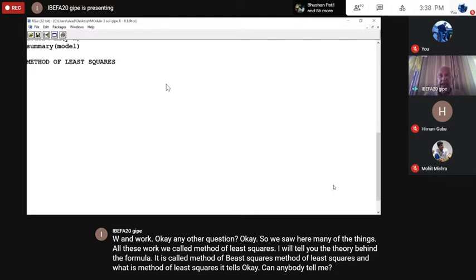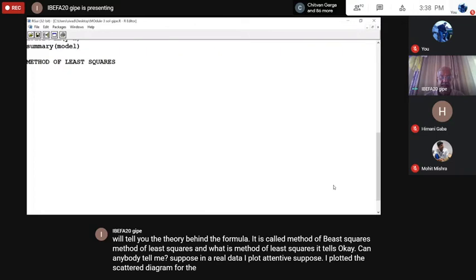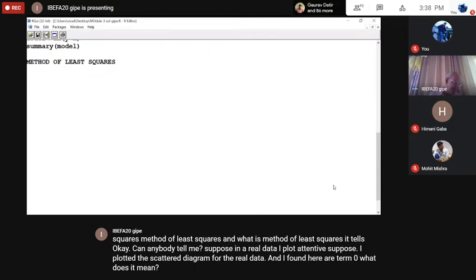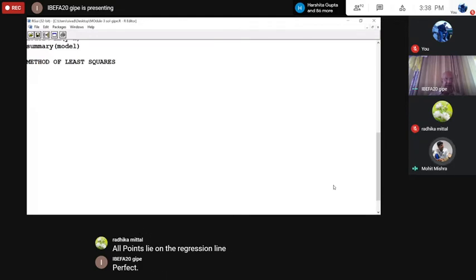Suppose in real data I plot the scatter diagram and I find the error term is 0. What does it mean? All points lie on the regression line. Y is the same as Y estimated.